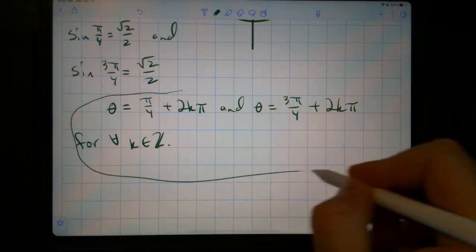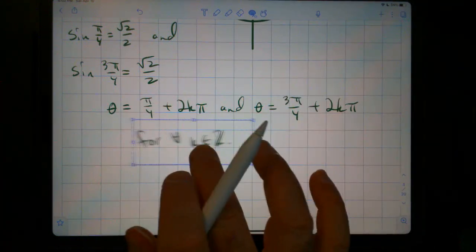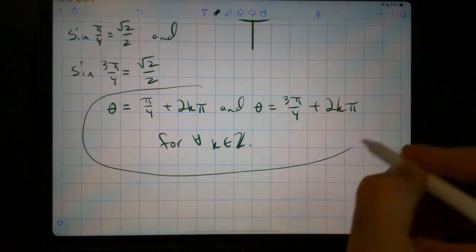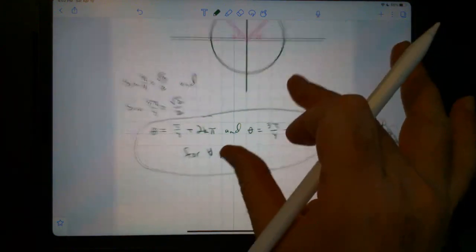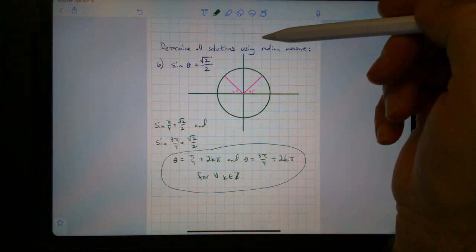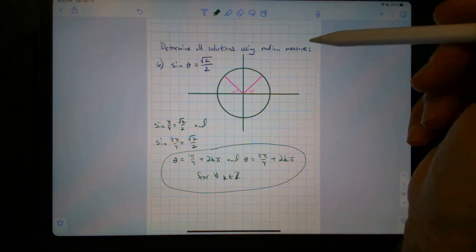What this says is determine all of the solutions. So there are an infinite amount of solutions. Determine all of the solutions using radian measure.